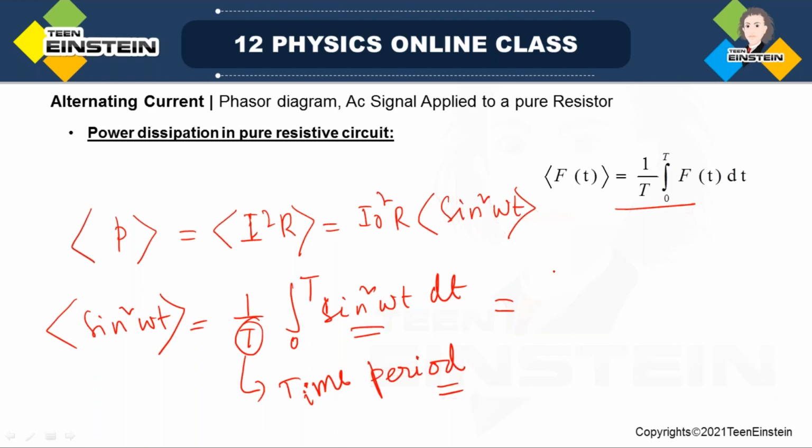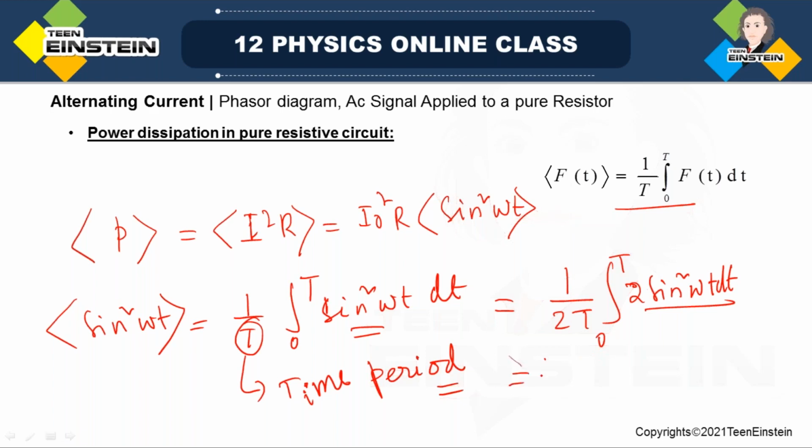Now you have to integrate over this. You can multiply by 2, so you write 2 sine square omega t into dt, which is 1 minus cos 2 omega t.